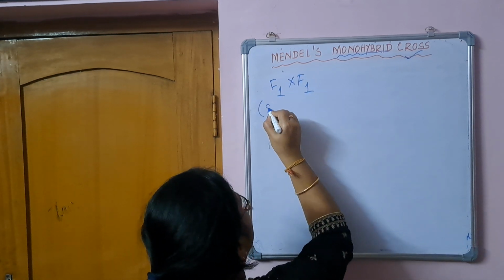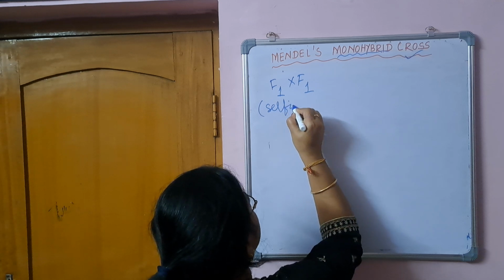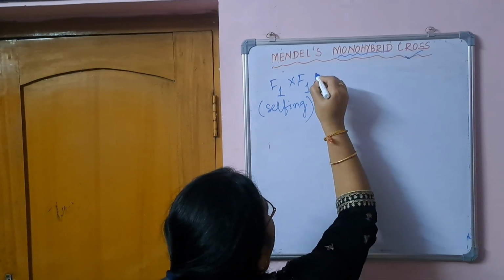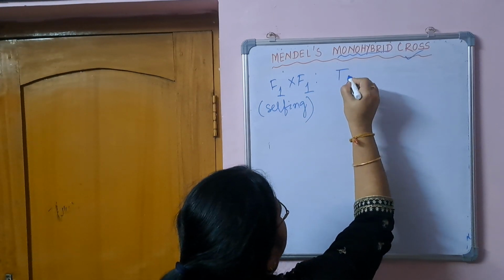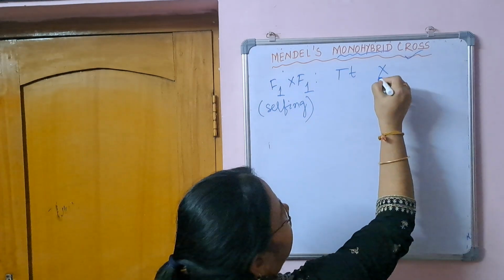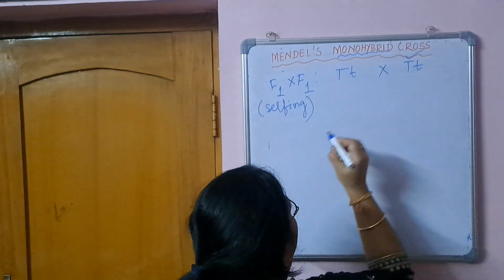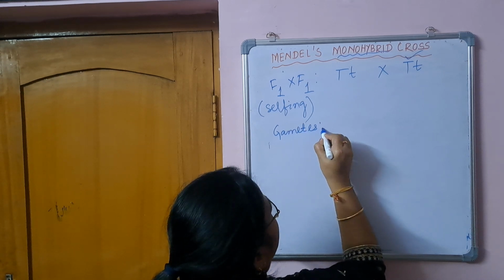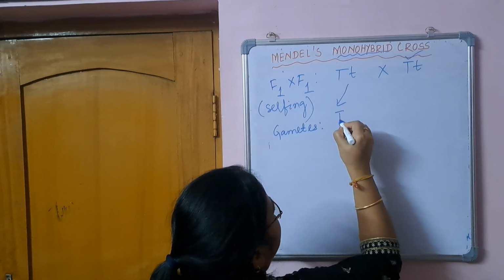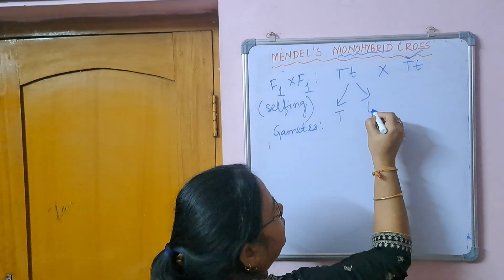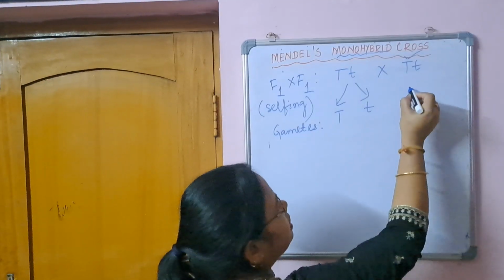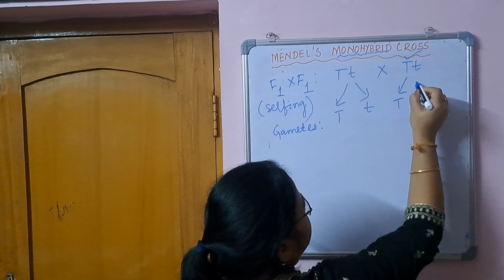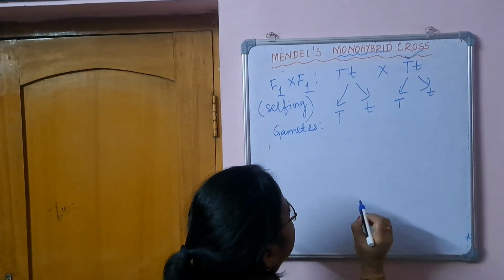This is also called selfing. Now what will be the gametes here? From here two types of gametes will be formed, because this is a heterozygous condition, and from here also two types of gametes will be formed.